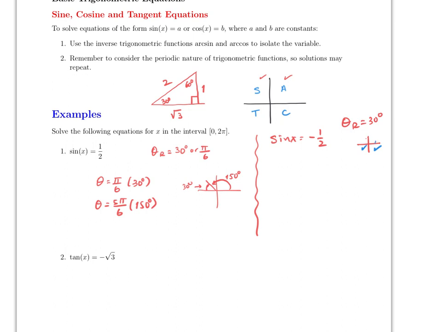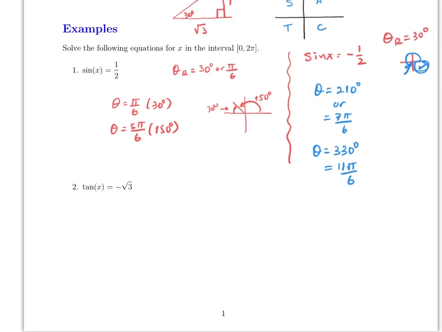So therefore, if you are here, the angle will be 210 degrees, or 7 pi over 6. If the angle lies in the 4th quadrant, the reference angle is 30, so therefore it will be 330 degrees, or 11 pi over 6. Okay? All right, so let's go to the next one.